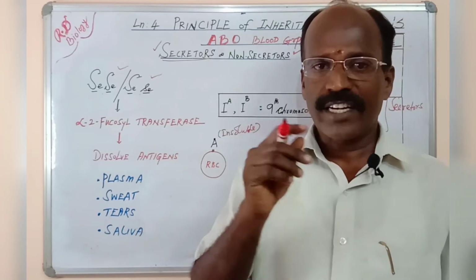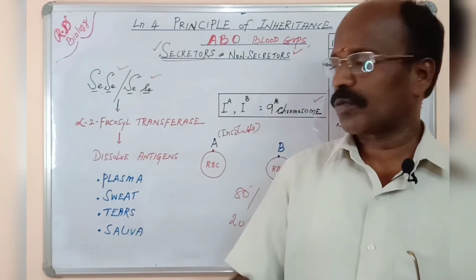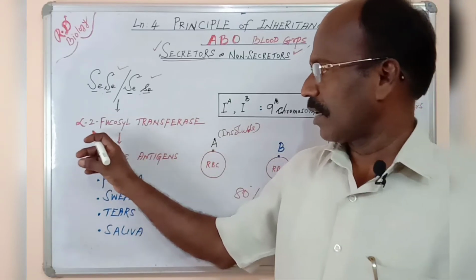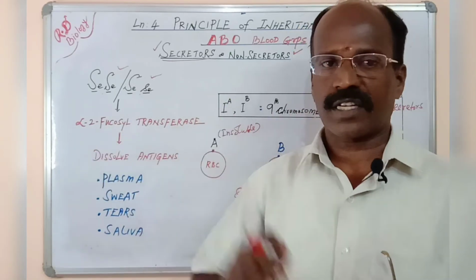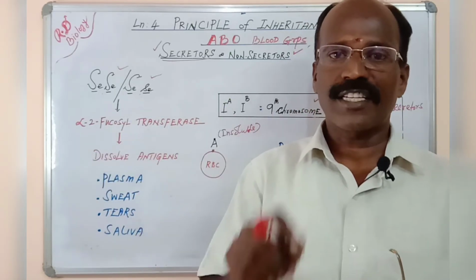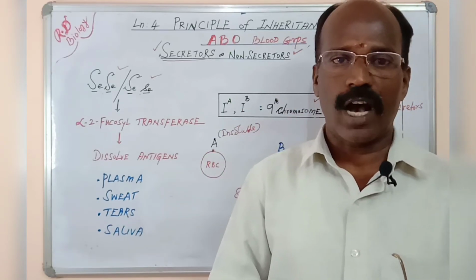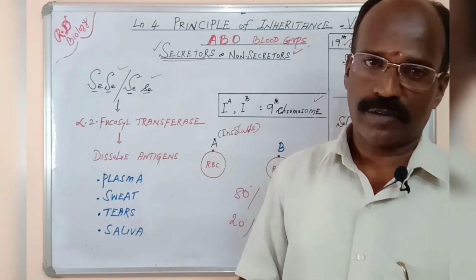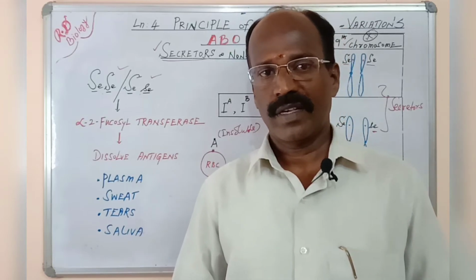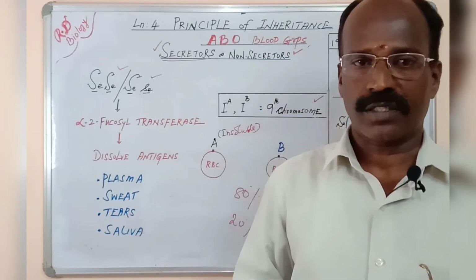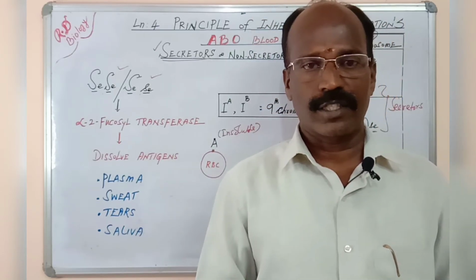So the antigen A, which is found on the RBC membrane, sometimes gets dissolved because of the enzyme. When alpha 2 fucosyltransferase is available, this enzyme dissolves the insoluble antigen A or B into soluble antigen. Now this soluble antigen is available in the plasma, in the tears, in the saliva, and even in the urine.